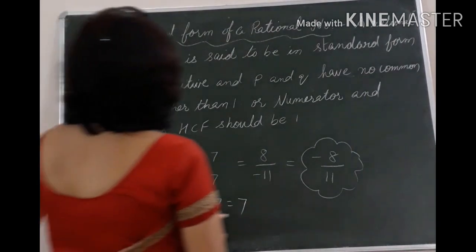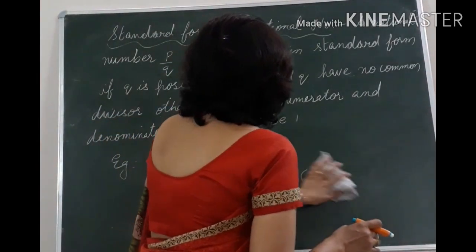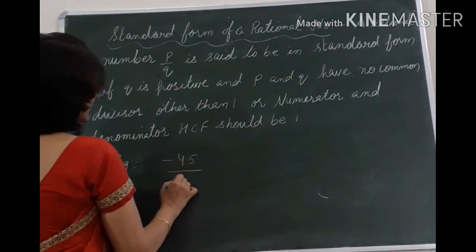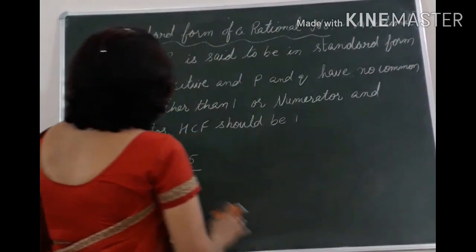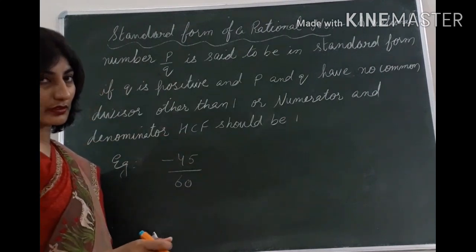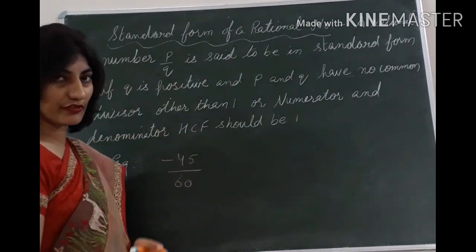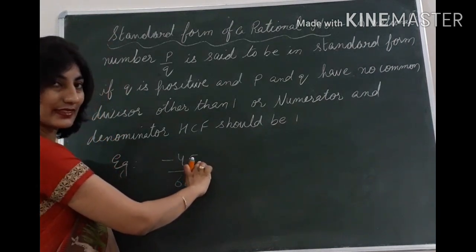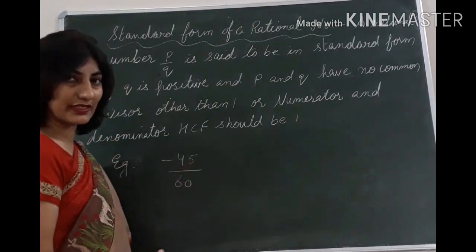For example, I am taking another rational number. It is minus 45 upon 60. Now converting it to standard form, negative sign is in the numerator, fine. Now find the HCF of 45 and 60. Whatever HCF comes, divide by that HCF.